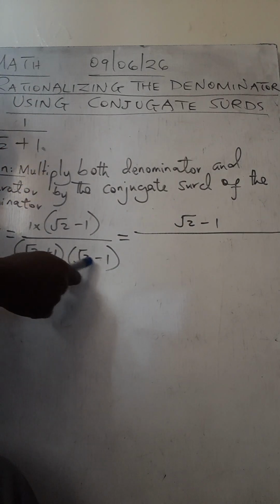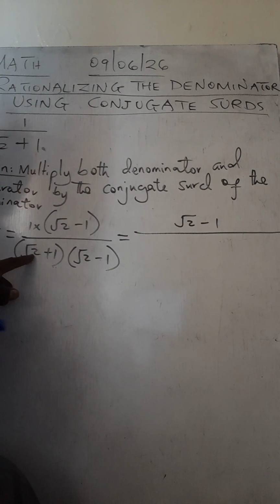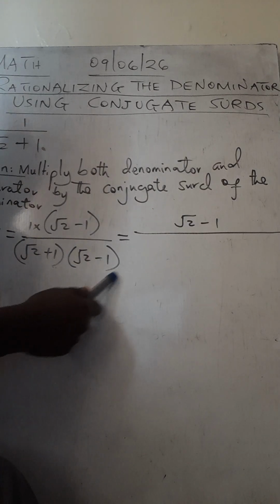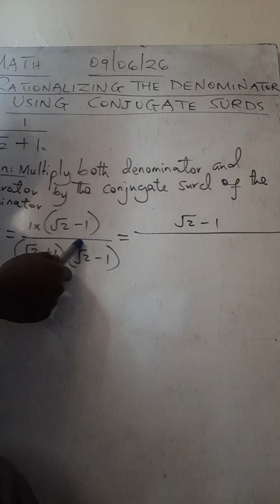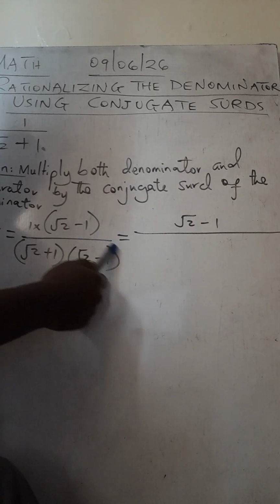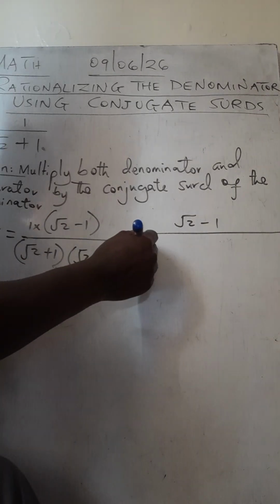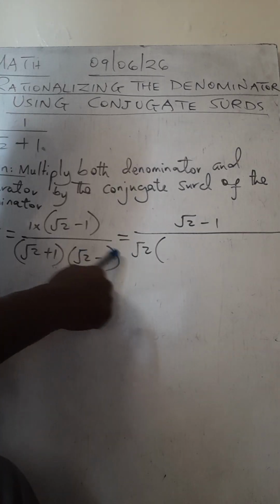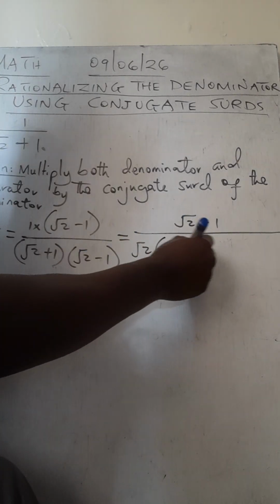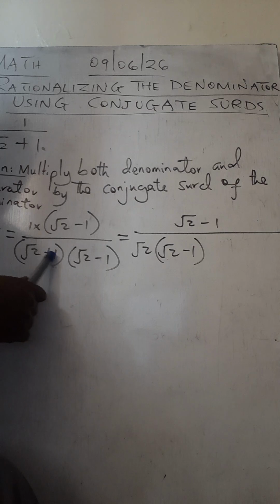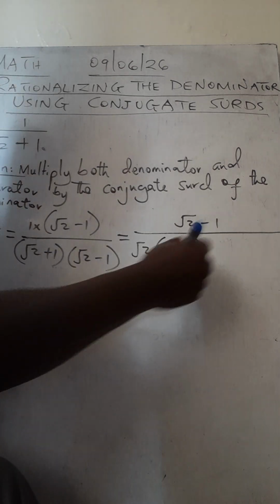And then to multiply the brackets in the denominator, this is what you do. You take root 2 times the whole of the second bracket, and also plus 1 times the second bracket again.